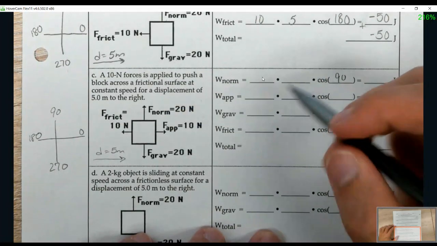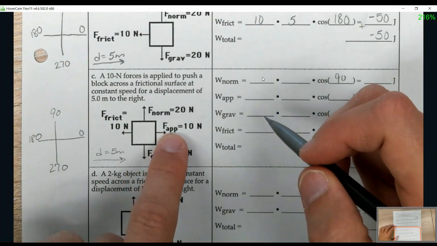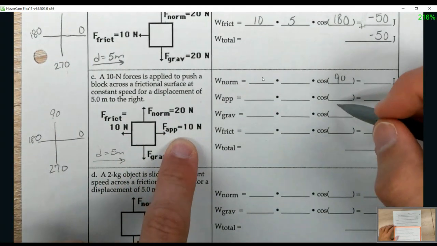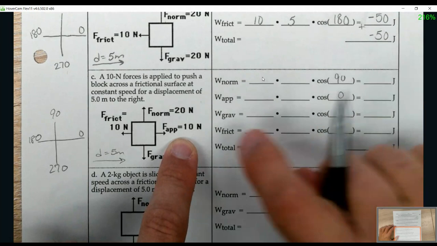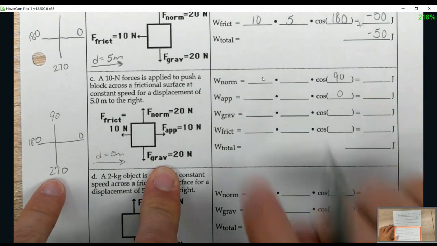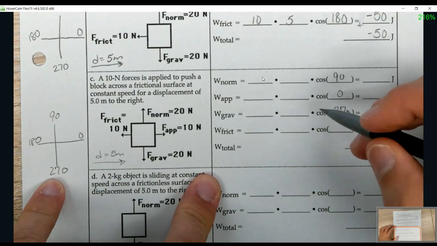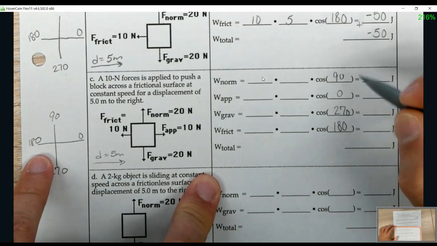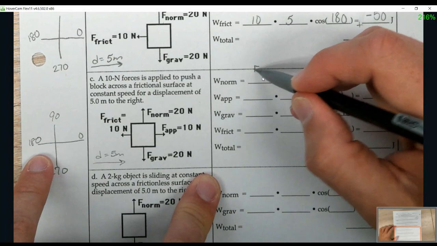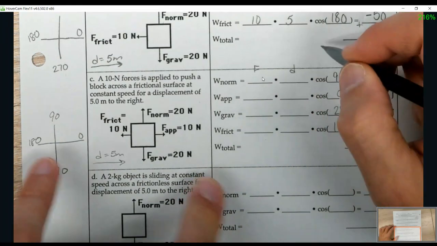Applied force is going towards what direction? 0. F grav, gravitational force, is going what direction? 270. And friction, 180.